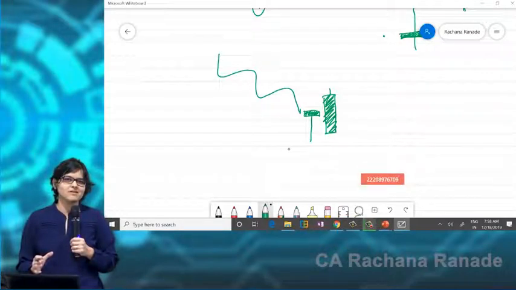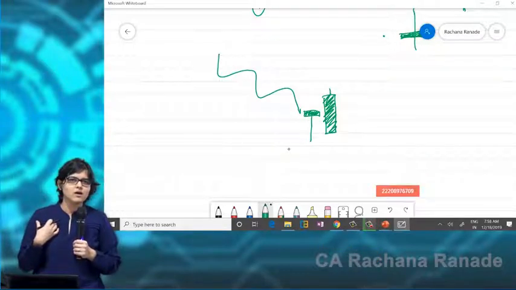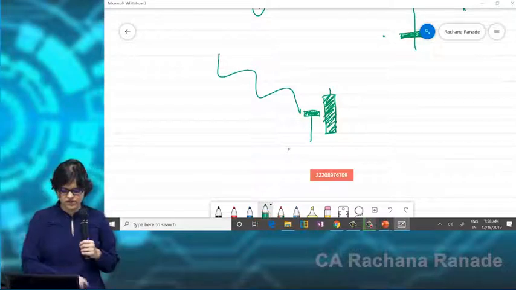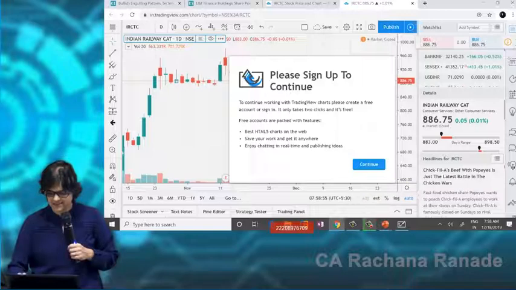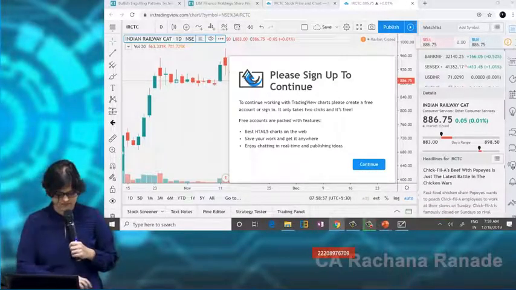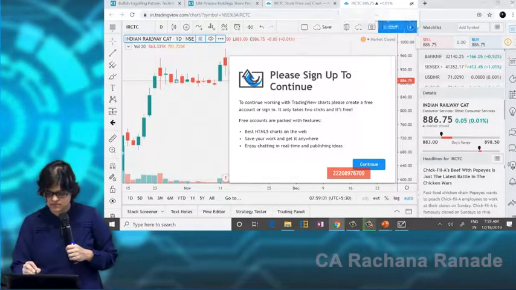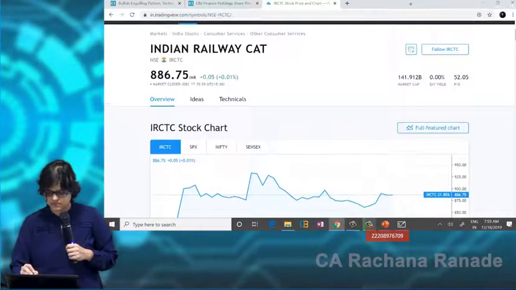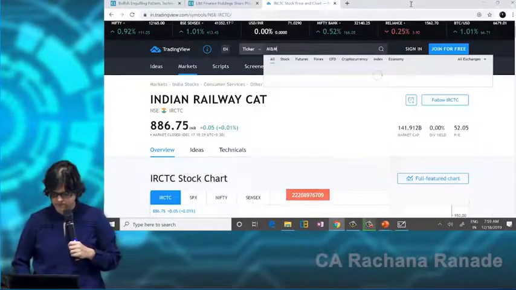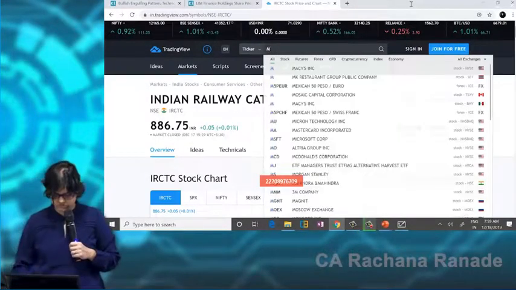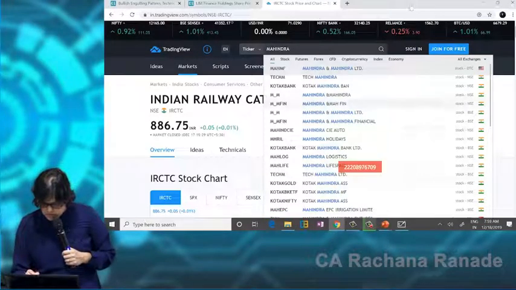And what price did I tell? Okay, Mahindra and Mahindra, was it? Let us just check this. Even I don't remember what example I had given. Mahindra and Mahindra.